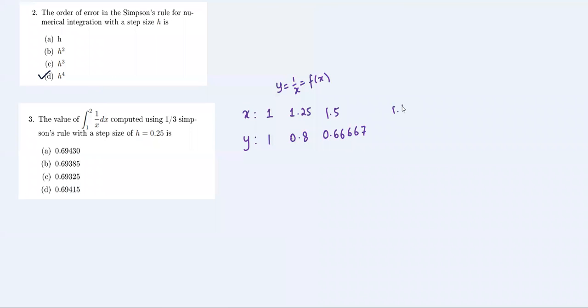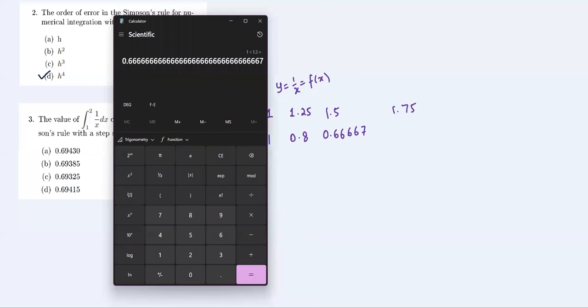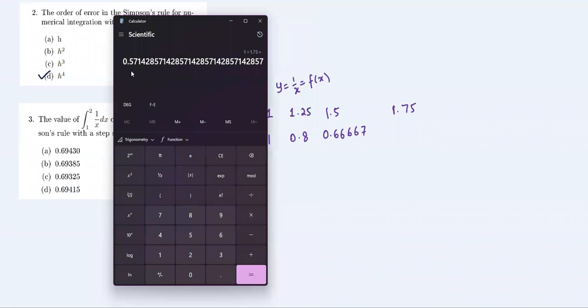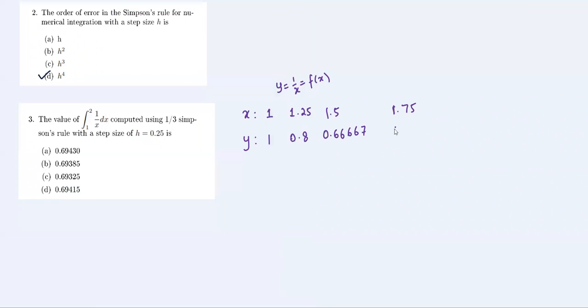Then at 1.75, the value is 1 divided by 1.75, which is 0.571428, so 0.57143.